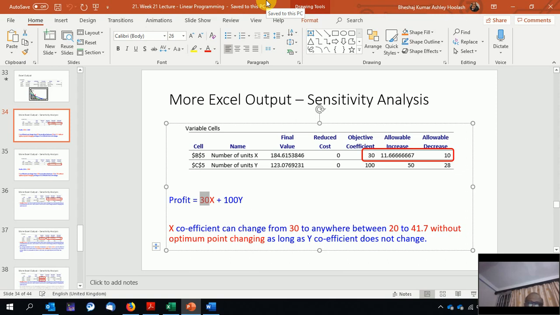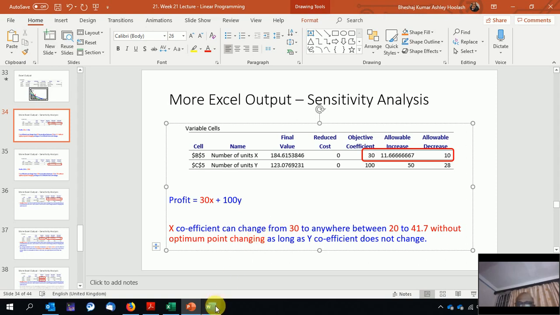One unit is obviously 1, and X will be the number of units. So 30 is constant here in the sense that we started the question by having in mind a £30 profit on product X. My mistake here, this should be small letter x and small letter y. There you go.